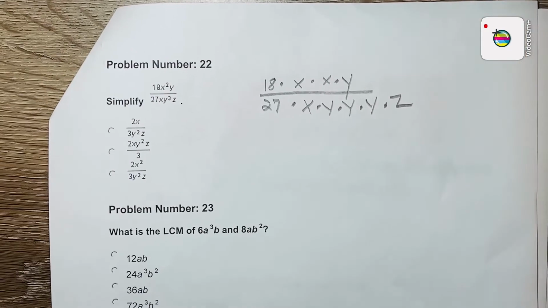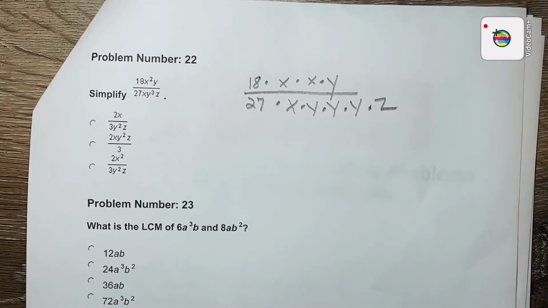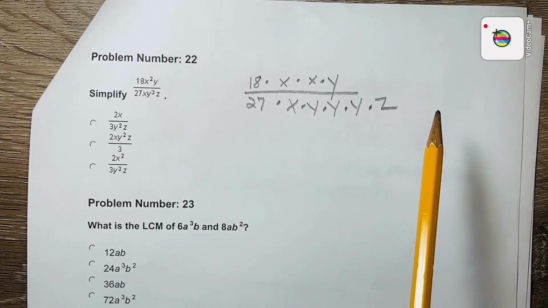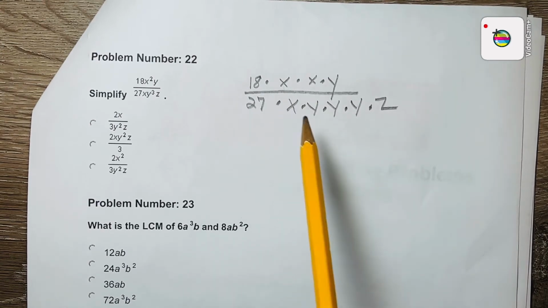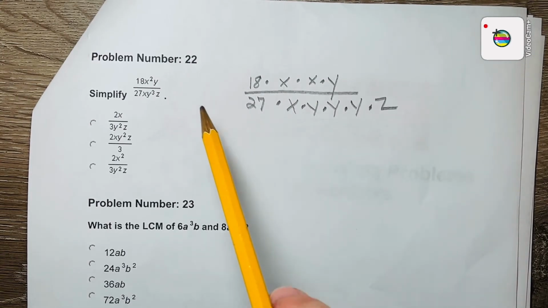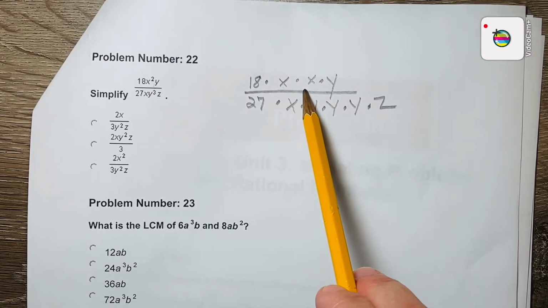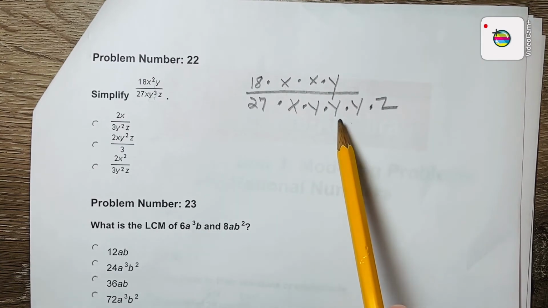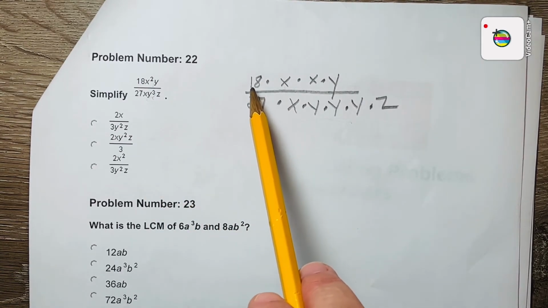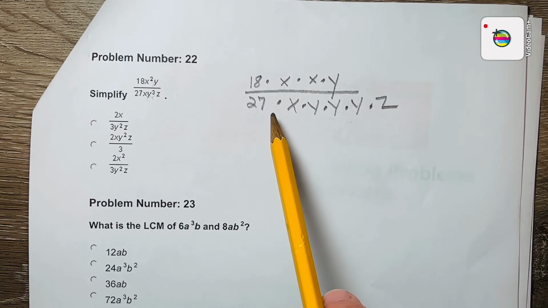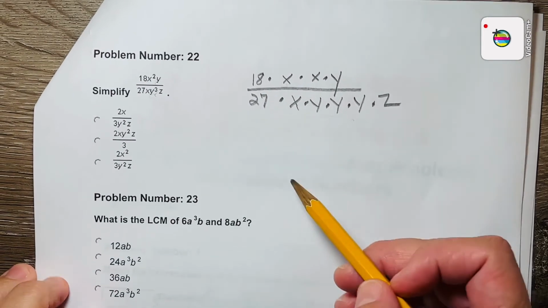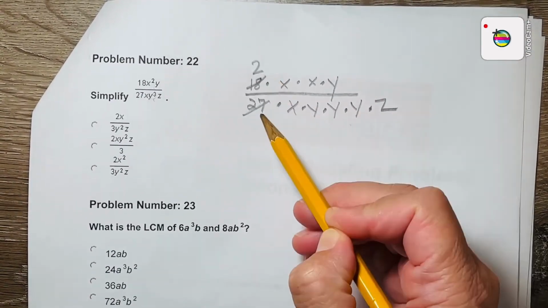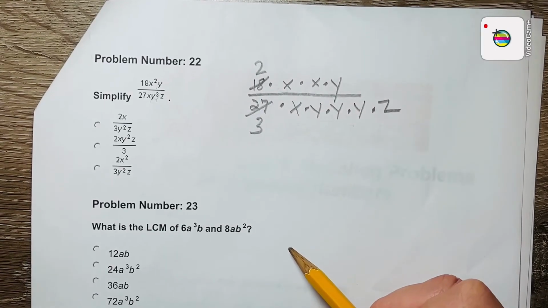For problem number 22, simplify. All right, I like to write the variables out in long version so you can see easier and just cancel things out. Because there are 2 factors of x, so I had 2 x's. There are 3 factors of y, so I have 3 y's. I didn't do all the factors for 18 and 27 because I figured we could reduce that. We've done that enough times. We know that 9 goes into both of these numbers, so we reduce it by 9.